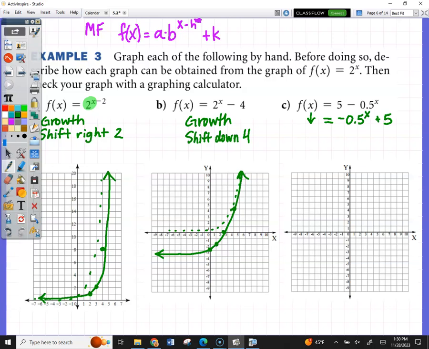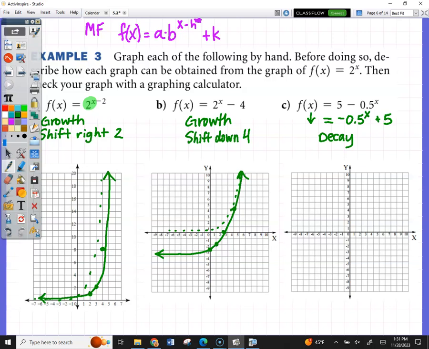Yes, it's going to be put down. So what type of function is this? What type of exponential? This is a decay, and it's because of that 0.5. And it has a negative in the front. The negative is what you are used to, like if an x squared had a negative in the front, it would go down, right?